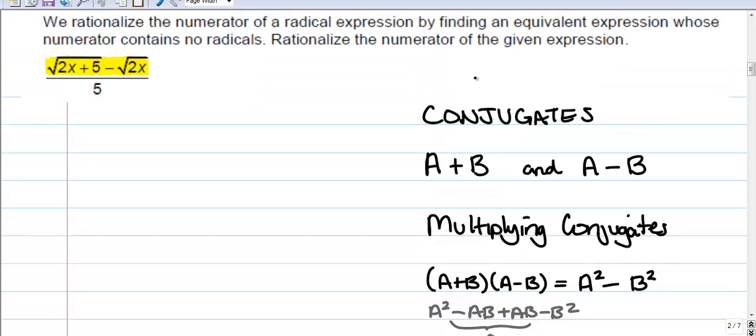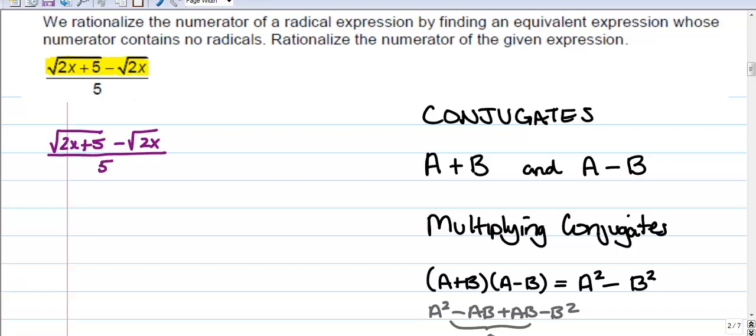So when I look at this, this is like a minus b, so its conjugate would be the same thing but with a plus sign. So let's go ahead and write the problem down.